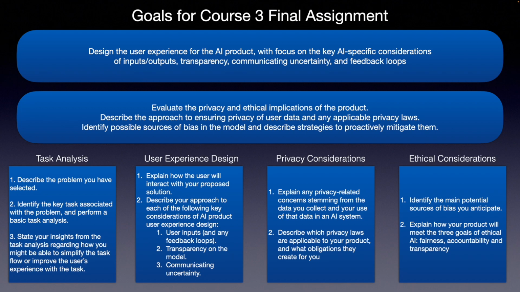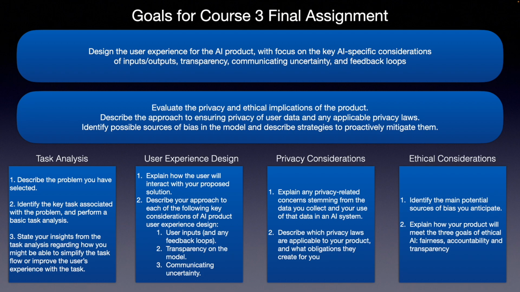It also involves evaluating the privacy and ethical implications of such an AI product, describing how to ensure the privacy of user data and what laws would be applicable, in an end-to-end product development projection of such a project.